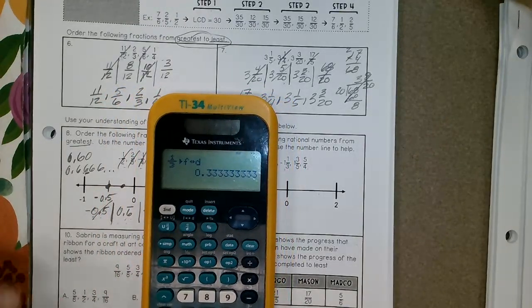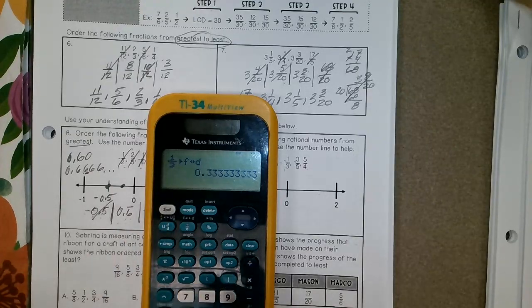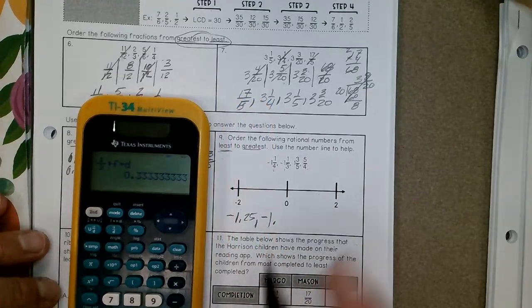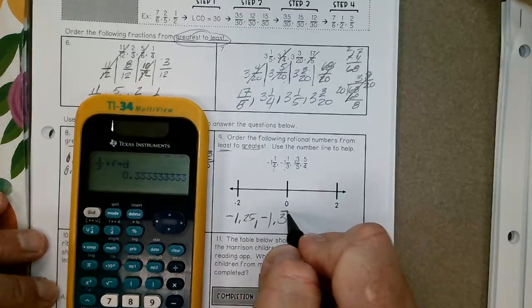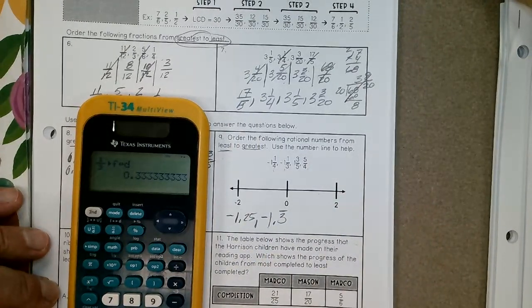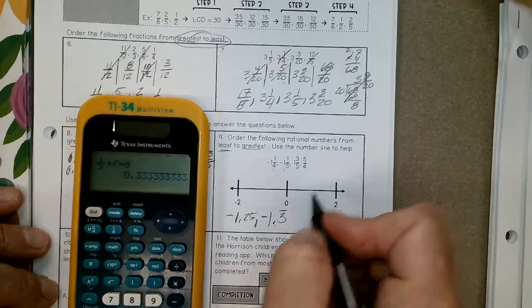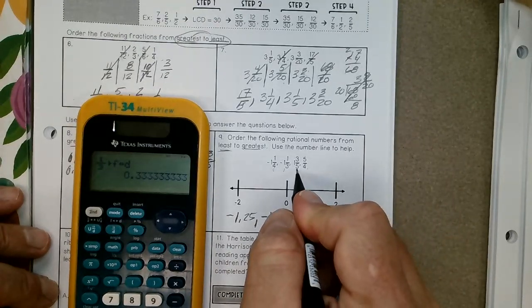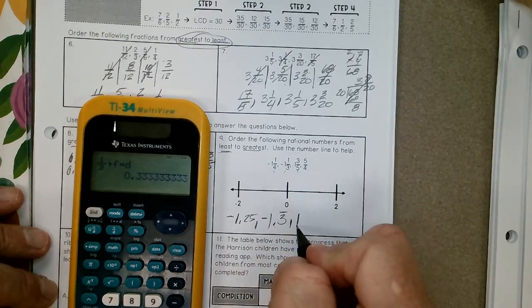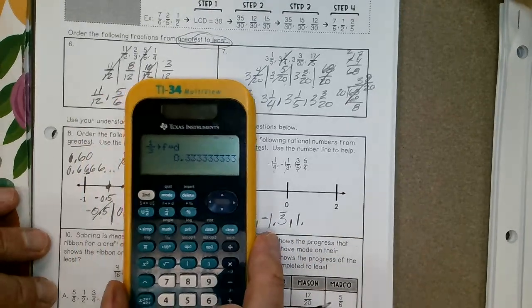The two most common repeating decimals that we'll deal with are 1/3 and 2/3. 1/3 is 3/10 repeating, and look how I wrote that. So this equals this.